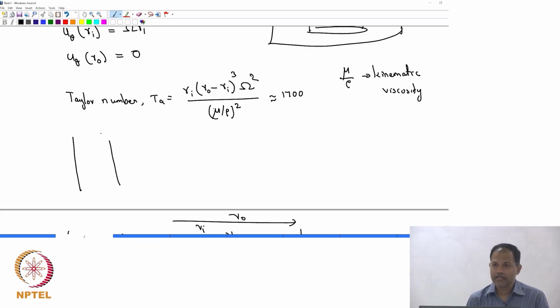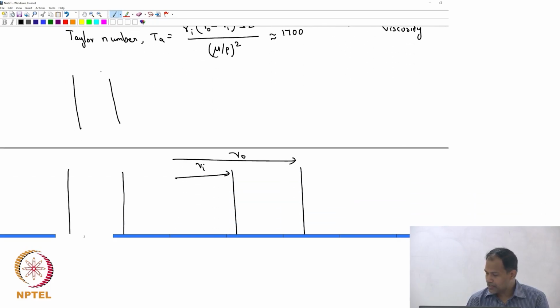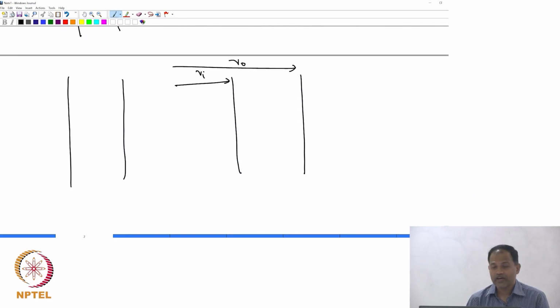So, let us say you are doing an experiment and you calculate this, and it came out to be less than 1700, you will see the flow profile exactly what you derived in the last class. But if it happens to be bigger than that, then the flow profile changes.